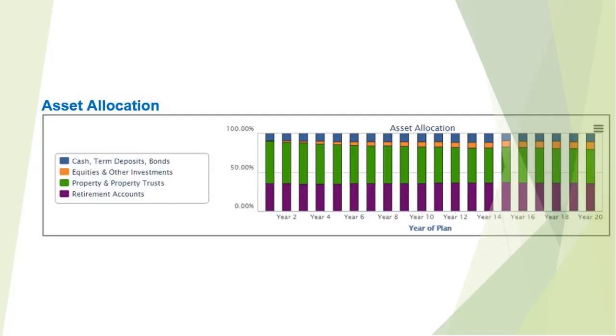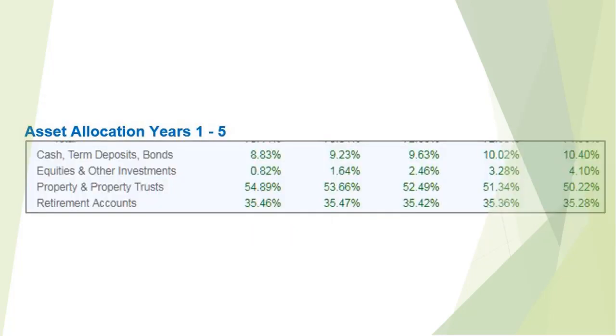The first asset allocation graph displays the allocation of assets into retirement accounts and splits the investments into three broad categories, which are 1. Cash, term deposits and bonds, including those assets held in the managed fund. 2. Equities and other investments such as precious metals or artwork. And finally, property and property trusts. These values are also displayed in the data view.